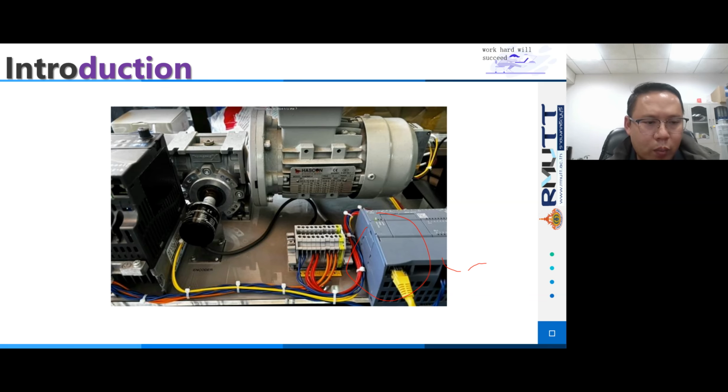It is commonly used in industrial environments to manage complex processes by receiving inputs, processing them according to a program, and generating outputs that control various devices like motors, valves, and so on.